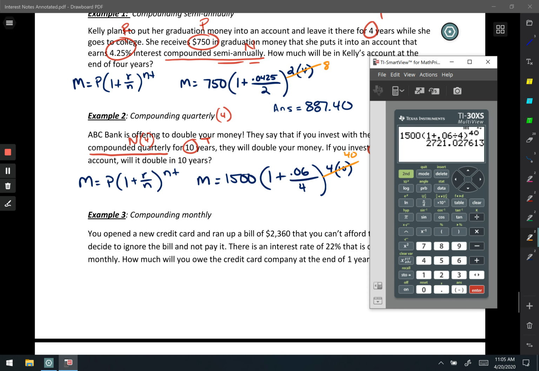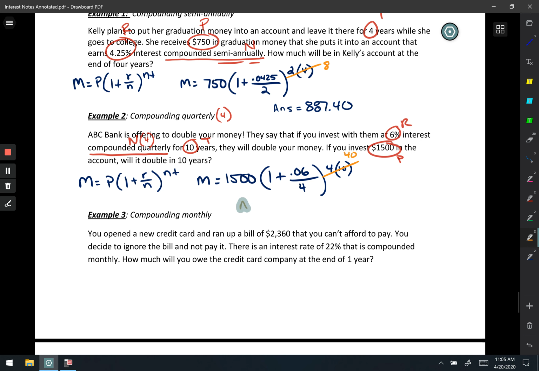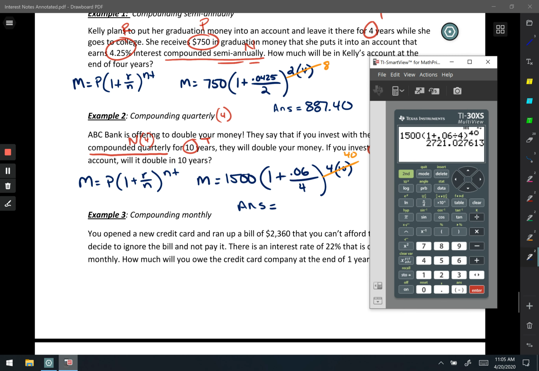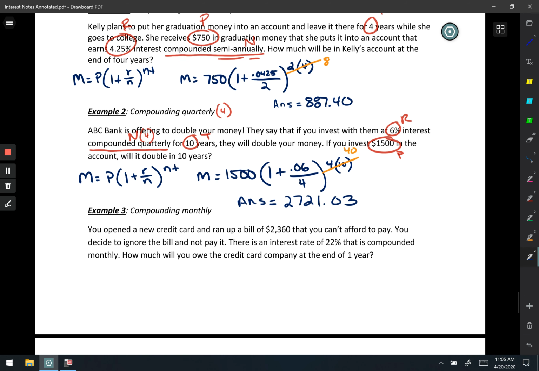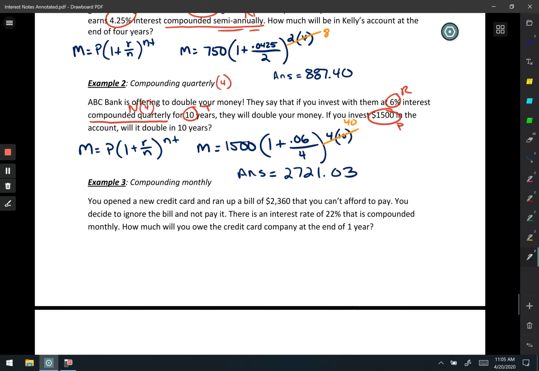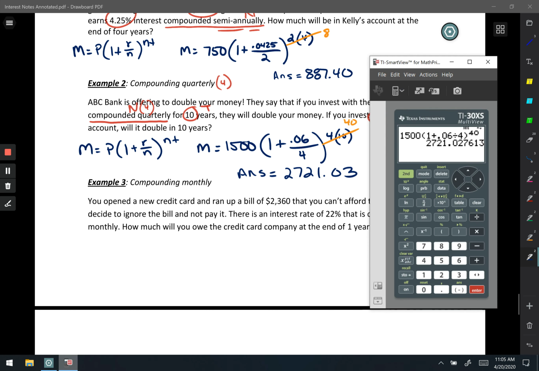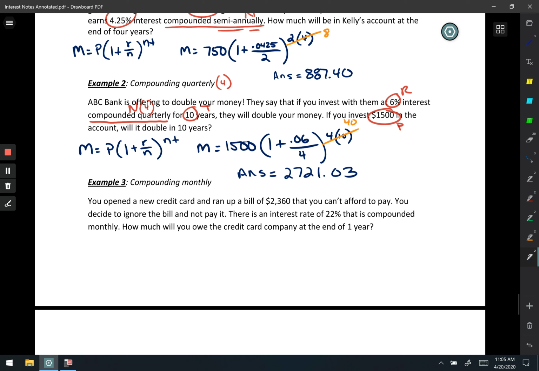So answer equals $2,721.03. All right, and we'll do one more, and I'll have some questions in the classroom. So bring that back down.